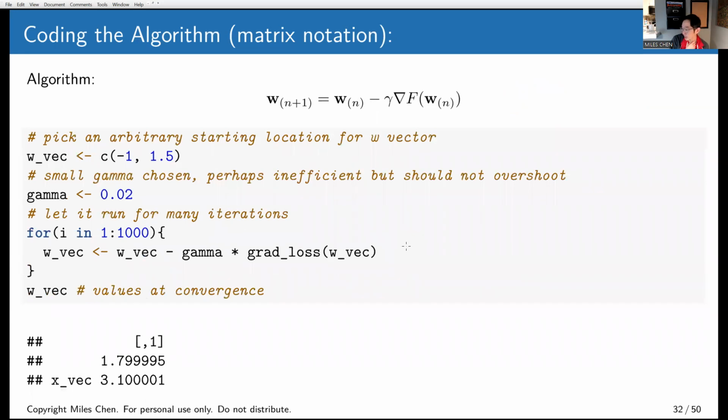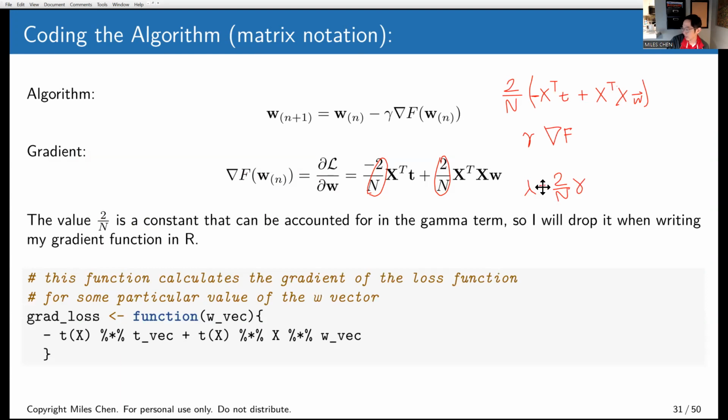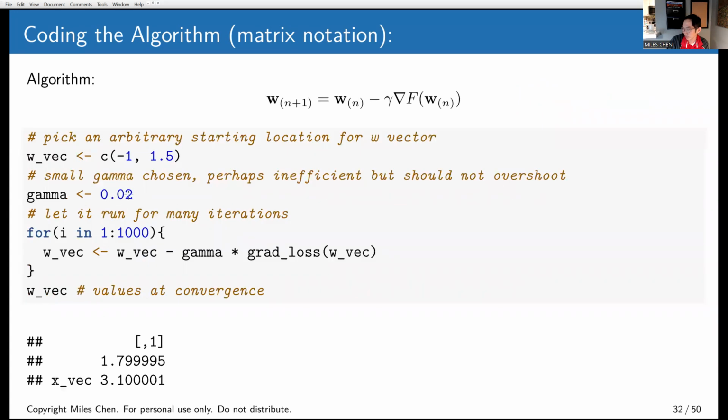Here the gamma, or I guess I called it lambda, is a combination of 2 over n times the original gamma, and I'm going to start off with 0.02. Here's my algorithm. For i in 1 through 1,000, I'm not keeping track of anything.